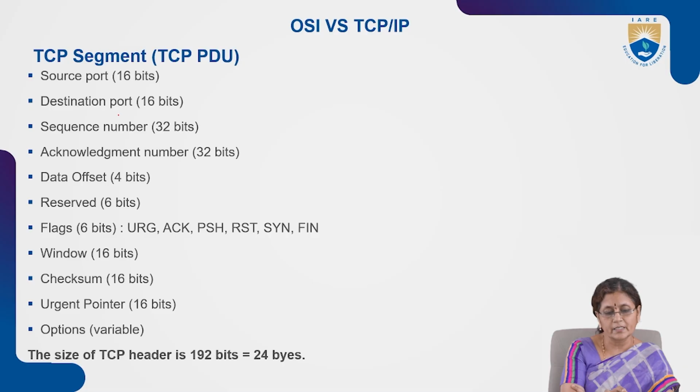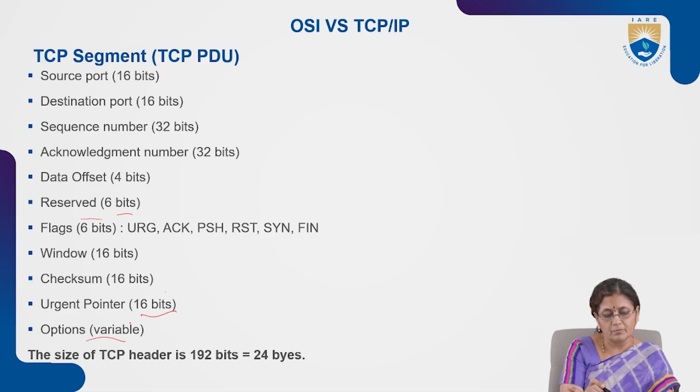Each protocol data unit consists of source port and destination port of 16 bits, sequence number of 32 bits, acknowledgement number of 32 bits, data offset of 4 bits, and 6 bits reserved. Then there are 6 bits of flags: URG, ACK, PSH, RST, SYN, FIN. Then window of 16 bits, checksum of 16 bits, and urgent pointer of 16 bits.